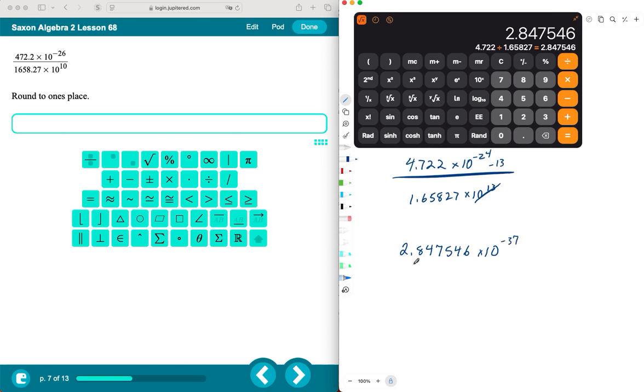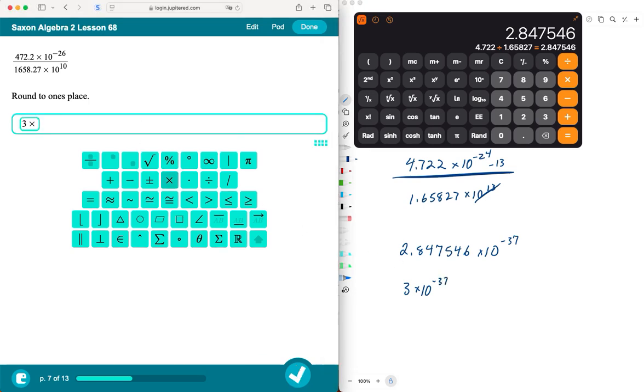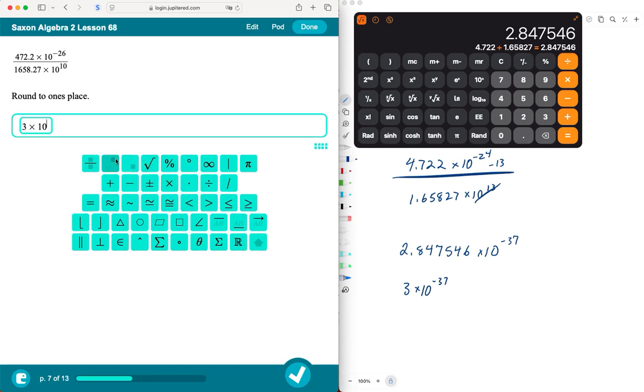It says round to the ones place. 2.8 rounds to 3. So 3 times 10 to the negative 37. All right, 3 times 10 to the negative 37.